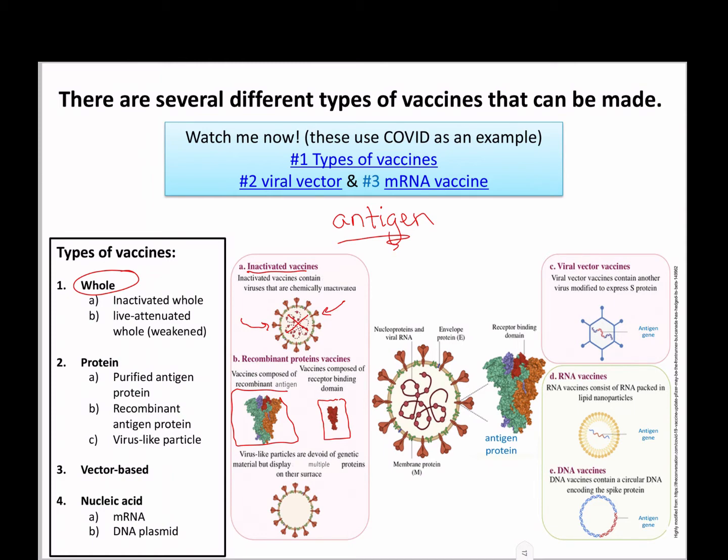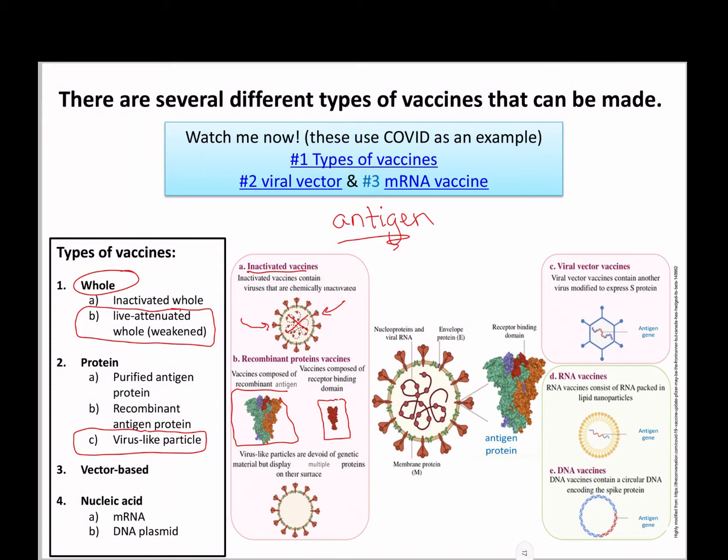the antigens on it. In terms of effectiveness, the more the antigen actually looks like it could be coming from the virus, the more effective the vaccination is going to be. So a live attenuated is going to be very effective, and for the protein ones, the virus-like particle is going to be more effective than the purified or the recombinant because it's in the shape and form of that surface protein.